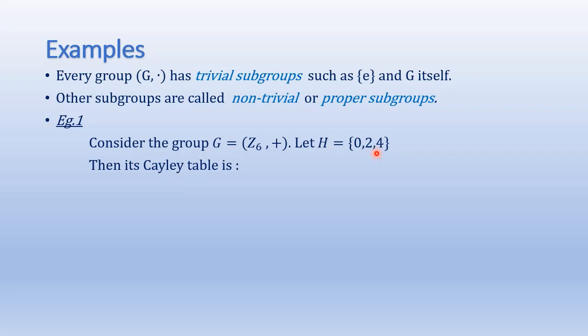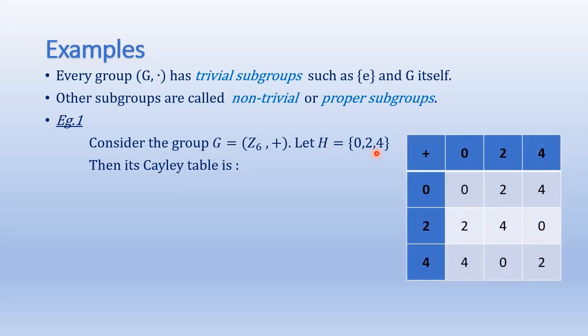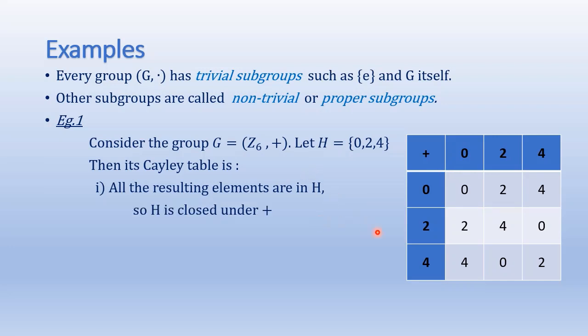Then its Cayley table is this one. You may note from this Cayley table that when you operate these 3 elements on themselves, we get the resultant as these 3 elements only. So the resulting element does not go beyond this set. So all the resulting elements are in H. So H is closed under addition.